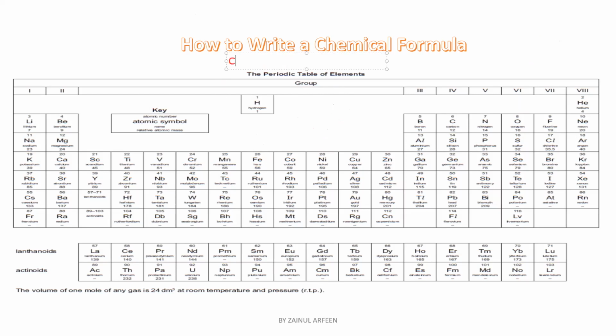Another example, chromium 6 oxide. So how can we write a chemical formula for chromium 6 oxide?